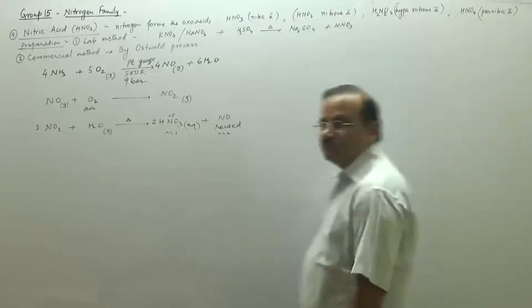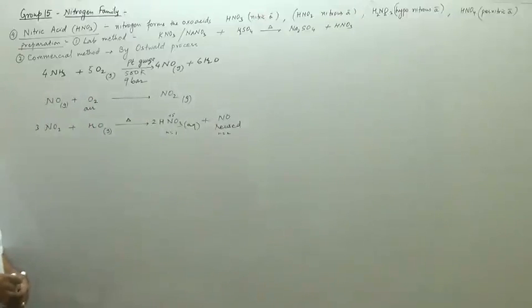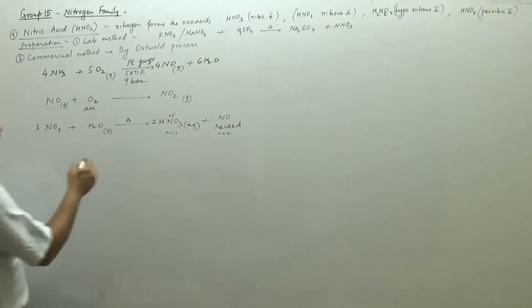The HNO3 which is formed in the reaction is 68% pure, right? So NO formed is recycled, we know that, and HNO3 is concentrated by distillation.